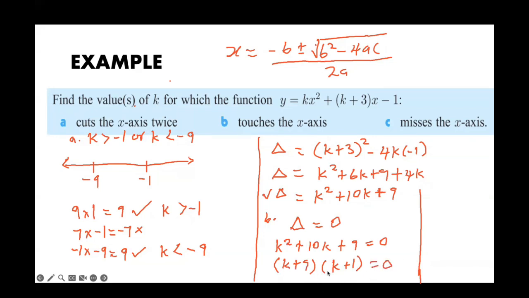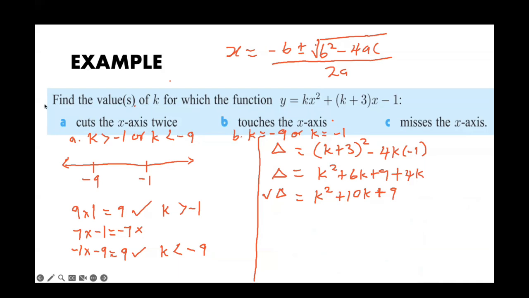So when we solve this, k is equal to -9 and k is equal to -1. So the set of values for which the function will touch the x-axis are k equal to -9 or k equal to -1.